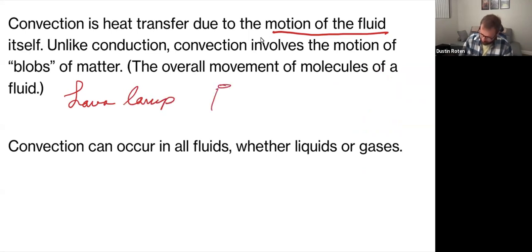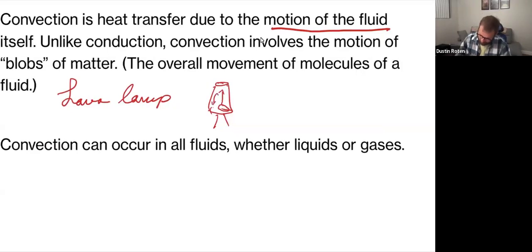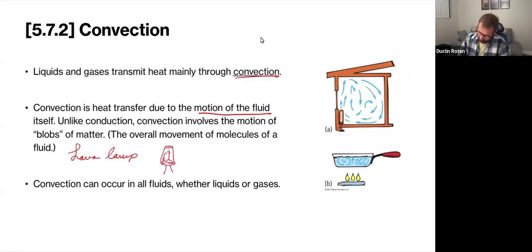So if you have a lava lamp, you've got these blobs. They heat up and they rise to the top, which pushes another one down, and you sort of get this cycle over and over and over. But we're thinking about just the blobs themselves, and that's how the heat's being transferred. That's what happens in the situation of convection inside of a fluid or a gas.